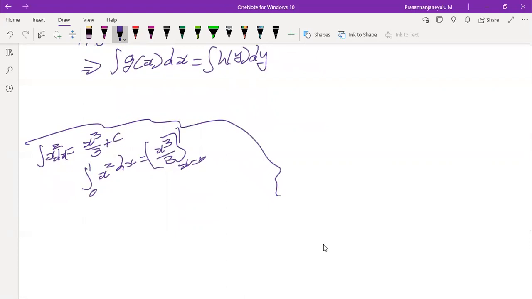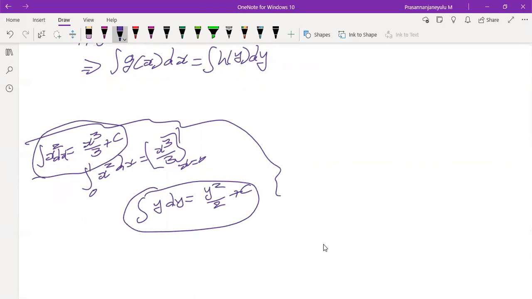But still, tell me, what is the integration of y dy? y square by 2 plus c. Actually, these are the formulas. In each and every formula, we get plus c, the integrating constant, which is an arbitrary constant. But from here onwards, forget about this c.